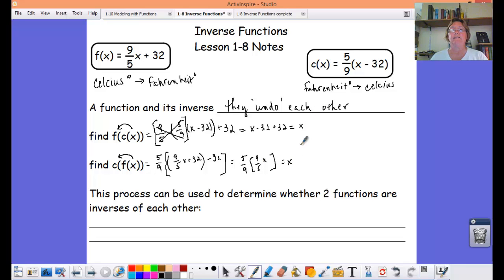This is a process that we can use to tell whether two functions are inverses. You compose both ways. So if you compose both ways, inverse functions simplify to x.